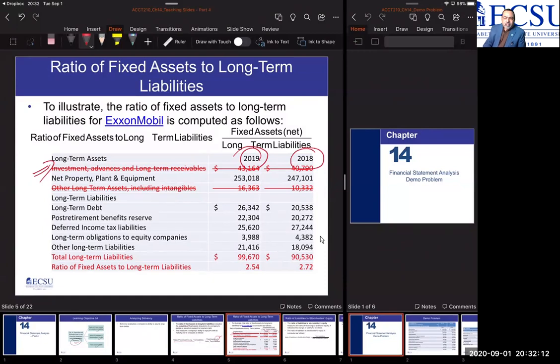There are two reasons why we don't consider the investment, because investments are designed in a different way. The investments in another company's assets or shares or debentures, stock, are basically designed to have control over that company in some way.